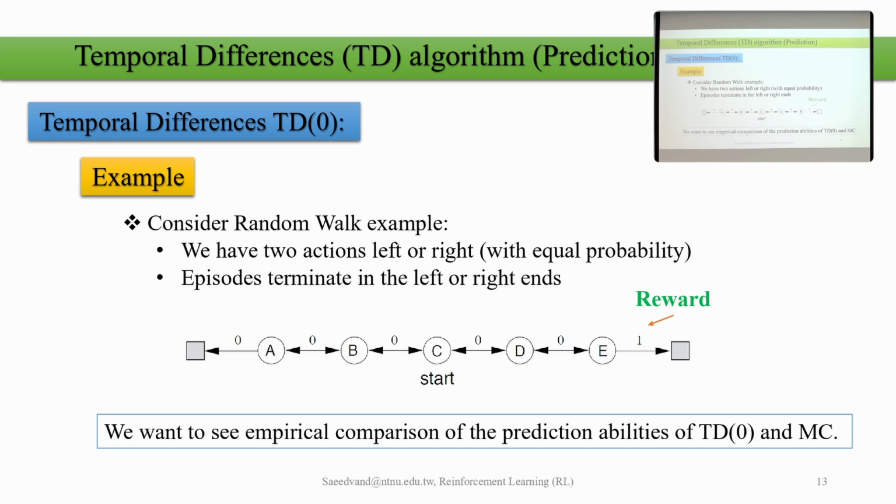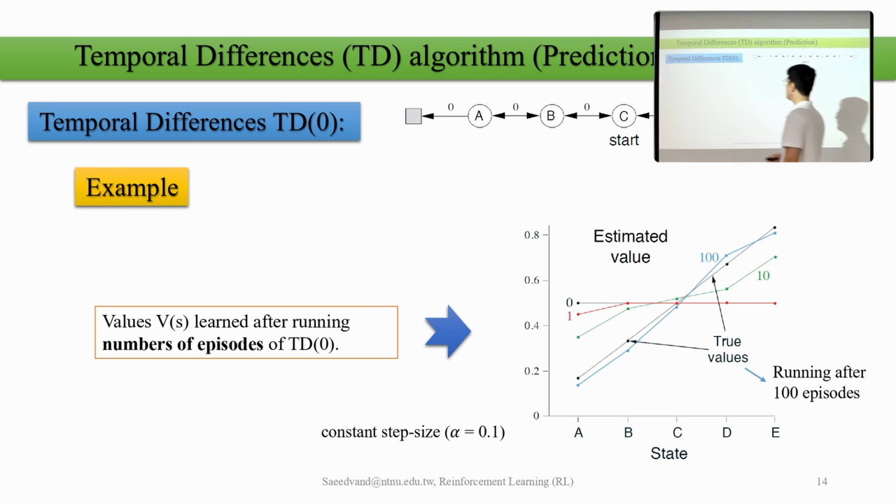We want to see an empirical comparison of the prediction ability of TD(0) and Monte Carlo. Let's have a look at how they look if we run it. So we have the problem over there. Here we are showing the estimated value when running different numbers of episodes.